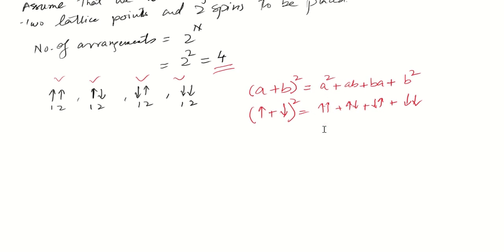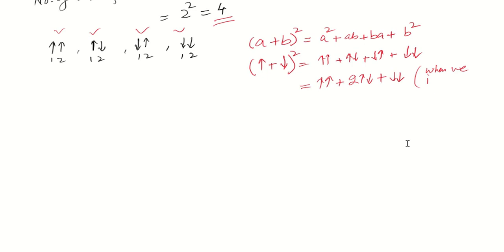And if we ignore the order, then we get 2 times this plus this. So here we have ignored the order, so we can write it as 2 times any of these 2. I write it in the parentheses when we ignore the order.